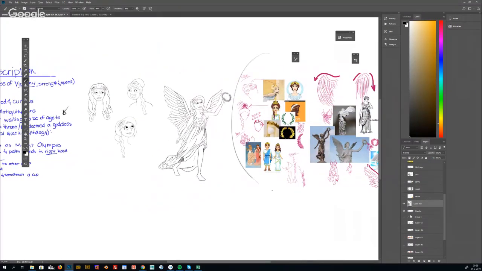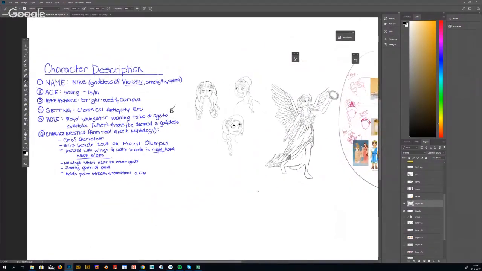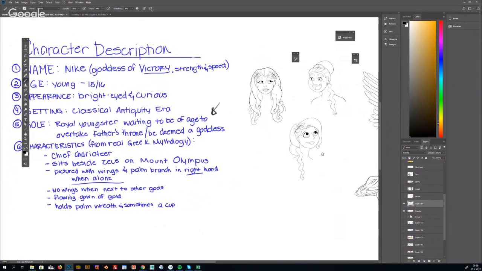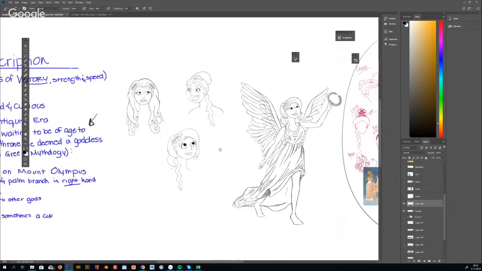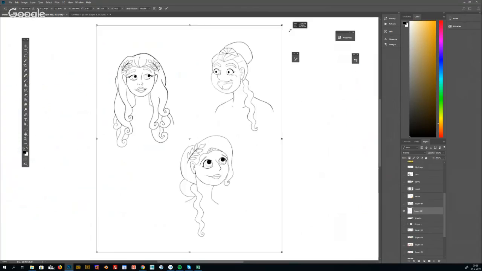Yeah, great research. Also, that's really great. And also cool that you did some different head designs. I think you could have tried a bit more different heads. Let's look at it. So let's pick these heads.